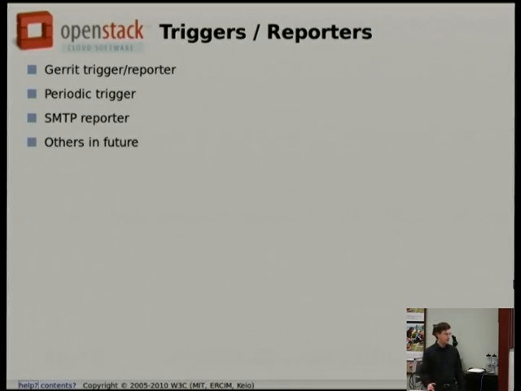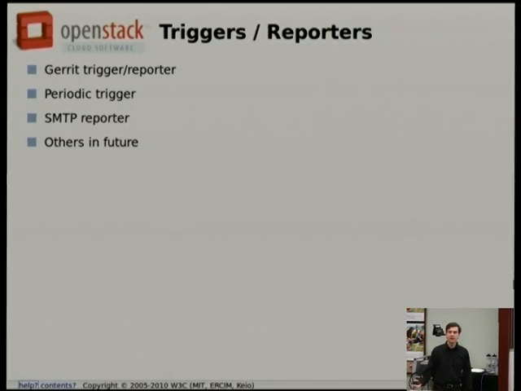As you might have inferred, there are now two reporters for Zuul. There's reporting back to Gerrit, and then there's reporting over email. This is also a pluggable thing, so if you have something else you would like to report to, I don't know, report over SMS or to some other project management website that people may or may not use, that's also a pluggable system, so you can write something that hooks into that.